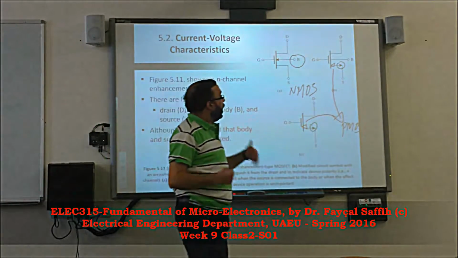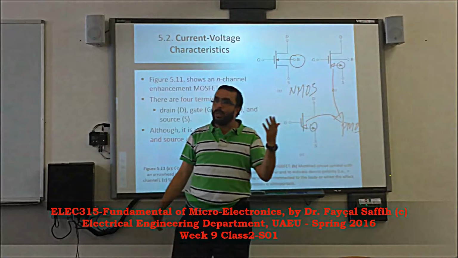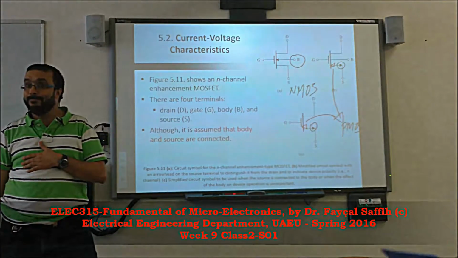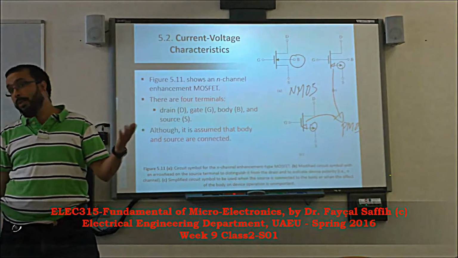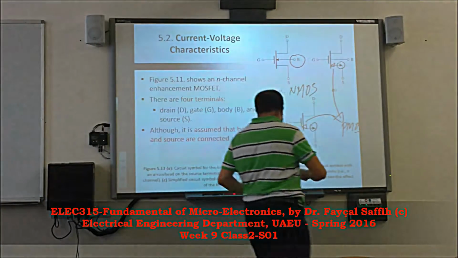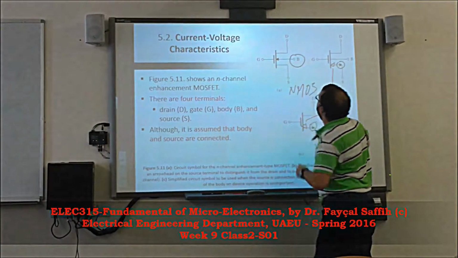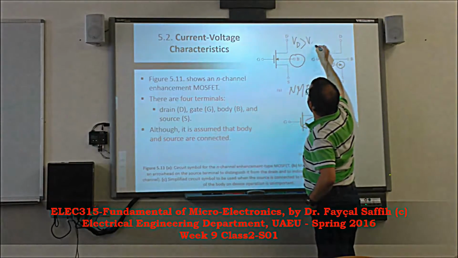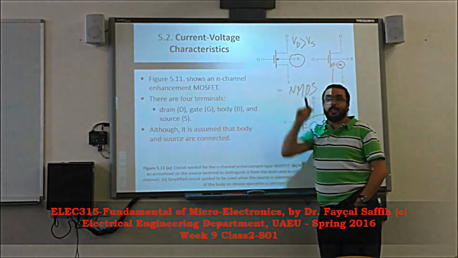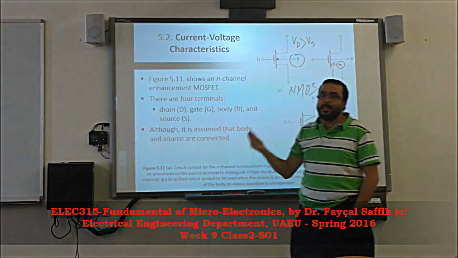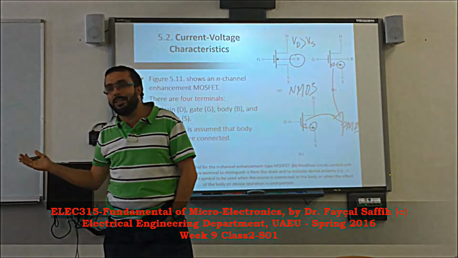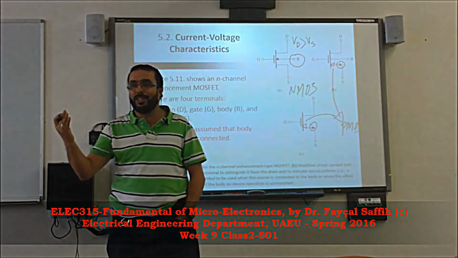Yes or no? And of course, the current always goes from high voltage to low voltage. That means for an NMOS, VD has to be bigger than VS. To know that this is a drain, because physically speaking, the drain and the source are the same, but electrically they are not. The drain has to be higher in voltage.